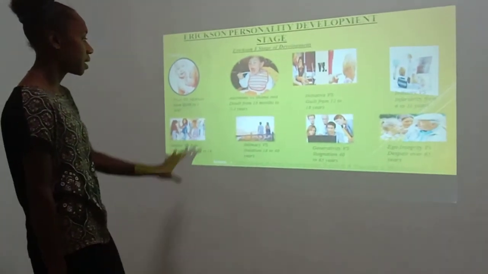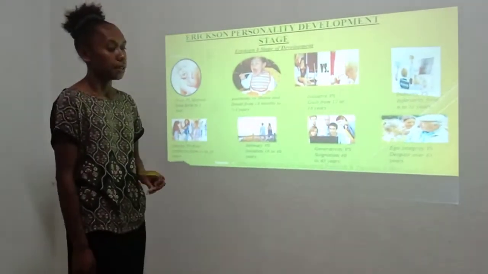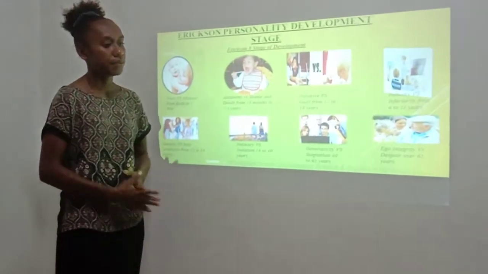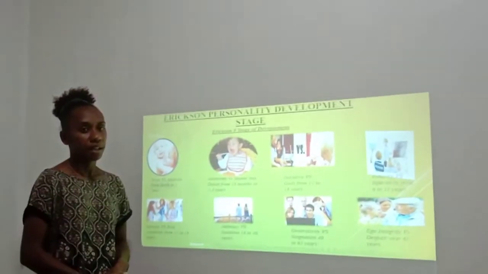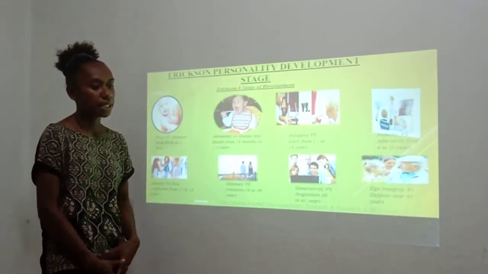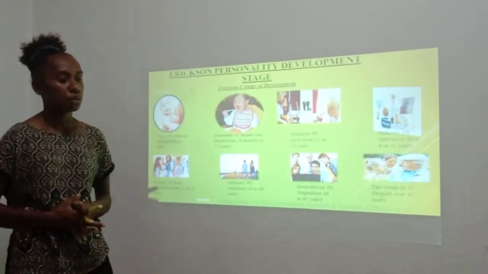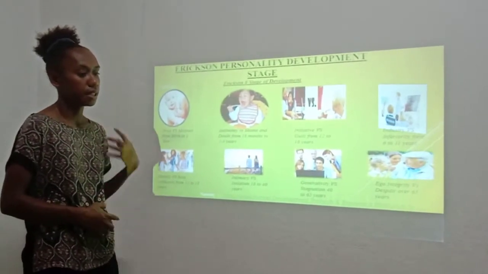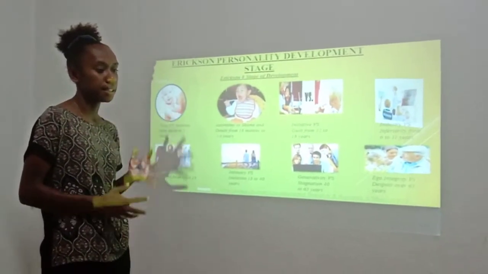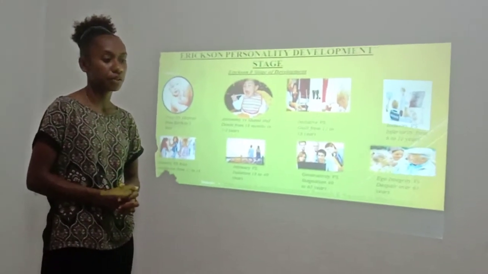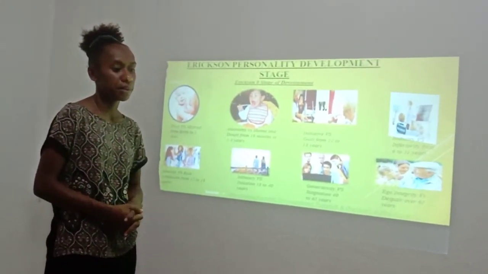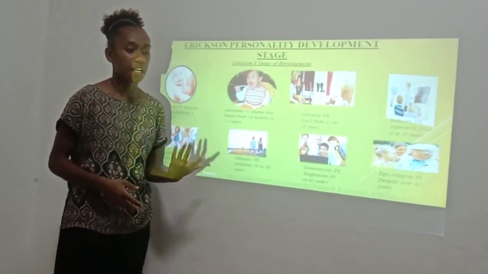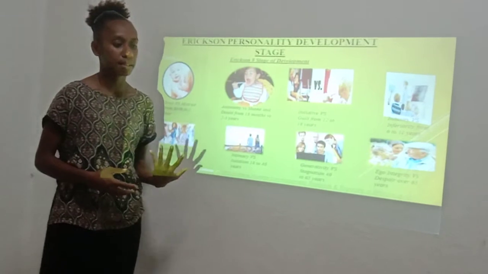So the second stage is autonomy versus shame and doubt, from 18 months to 2 to 3 years. Autonomy versus shame and doubt is the second phase of Erikson's theory of development. It happens around the age of 2 to 3 years.